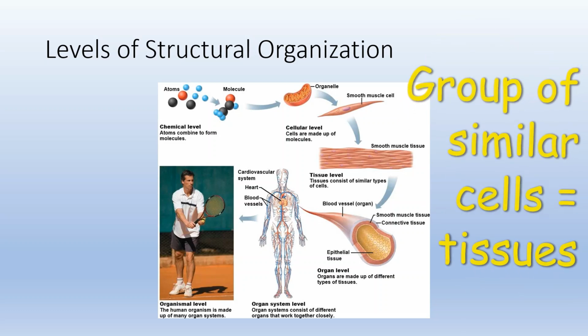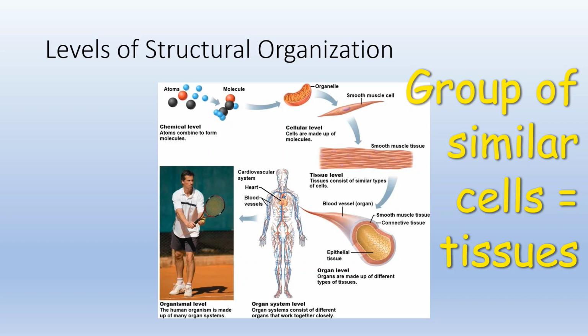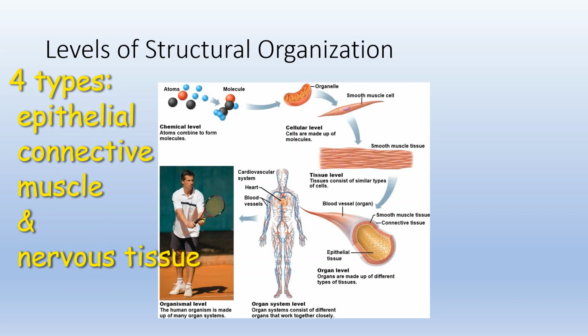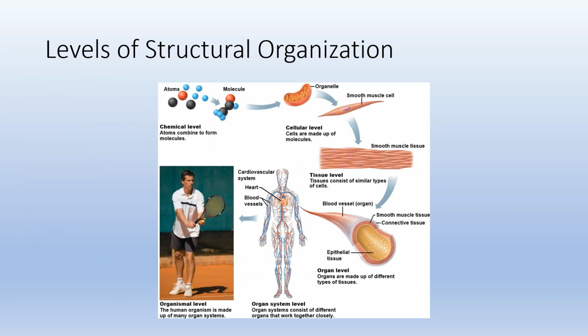From there, when we group together cells that are similar in structure and/or function, we create a tissue. Again, there are 4 primary tissue types in the human body: epithelial tissue, connective tissue, muscle tissue, and nervous tissue.